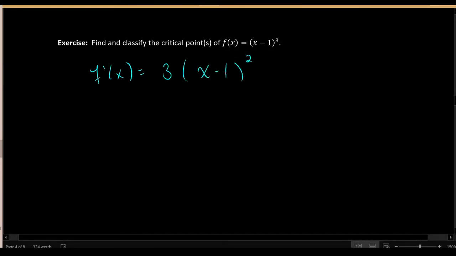Fill that with x minus 1, and then multiply by the derivative of x minus 1, but that derivative is 1 and it won't change anything. This quantity is always defined, so let's set this equal to 0. Now this expression is only equal to 0 at one possible location, the location where x is equal to 1. So this is our only critical point.